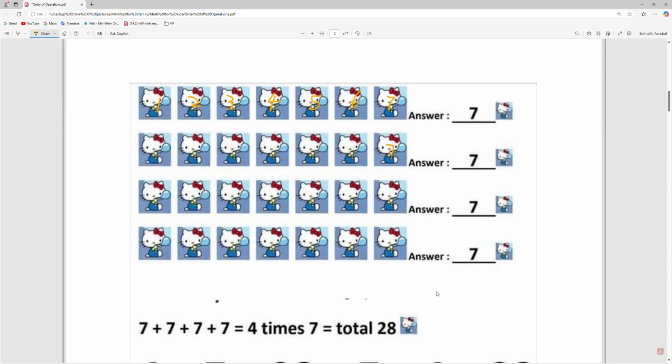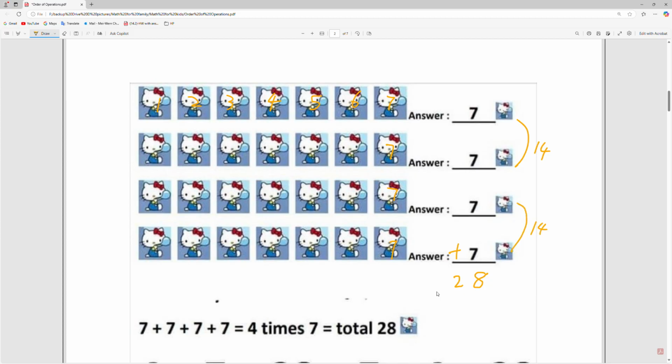So 7, 7, 7, 7. So 7 plus 7 plus 7 plus 7, all together, you know how to calculate, right? 28. So you will say 14 plus 14.